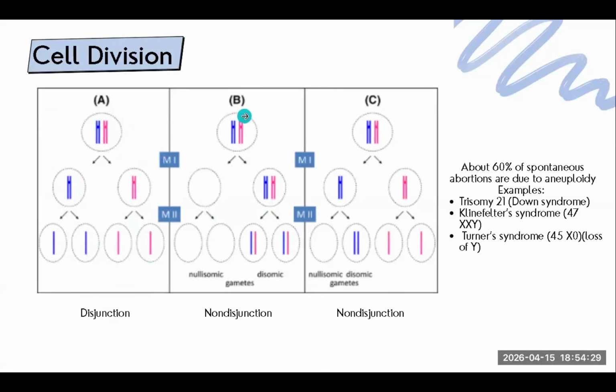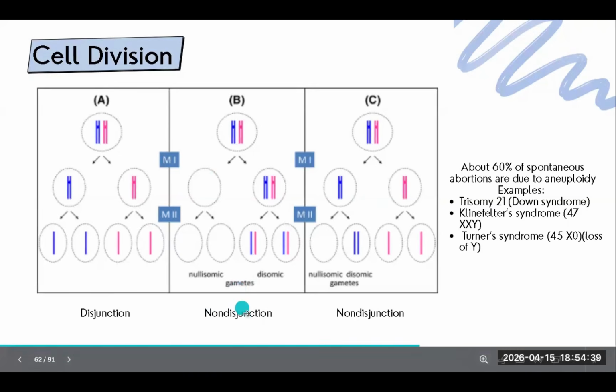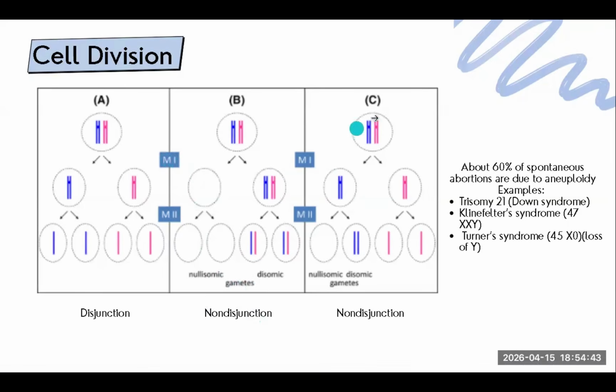Let's look at example B. You have an error with the splitting of the chromosomes. One cell takes all the chromosomes, the other cell does not take any chromosome. And this is non-disjunction in meiosis 1. Let's look at the last example, example C. You have the cell undergoing meiosis 1, which is normal because the chromosomes have been split. And then in meiosis 2, let's look at the pink cell first.